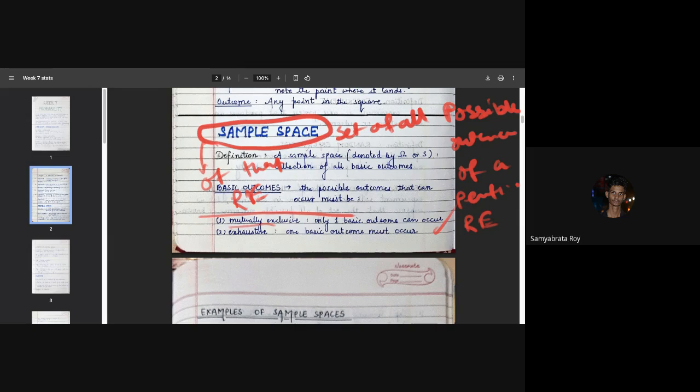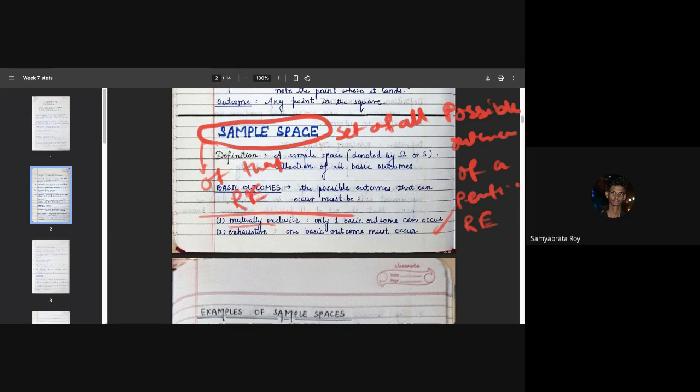There must not be a scenario where two of the elements appear simultaneously. And it must be exhaustive: there shouldn't be any outcome occurring due to the random experiment that is not contained inside the sample space.